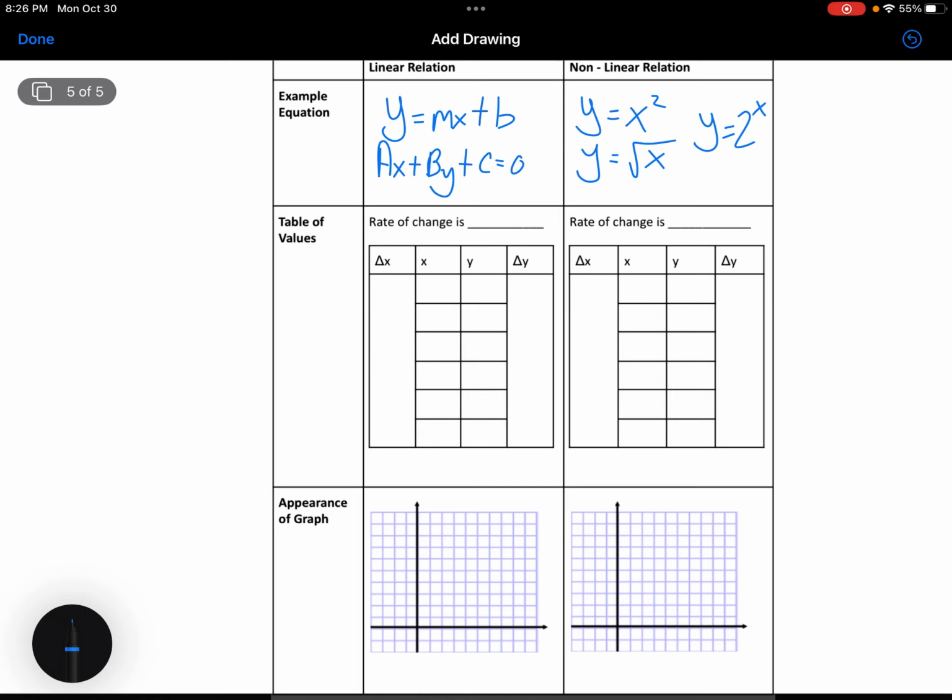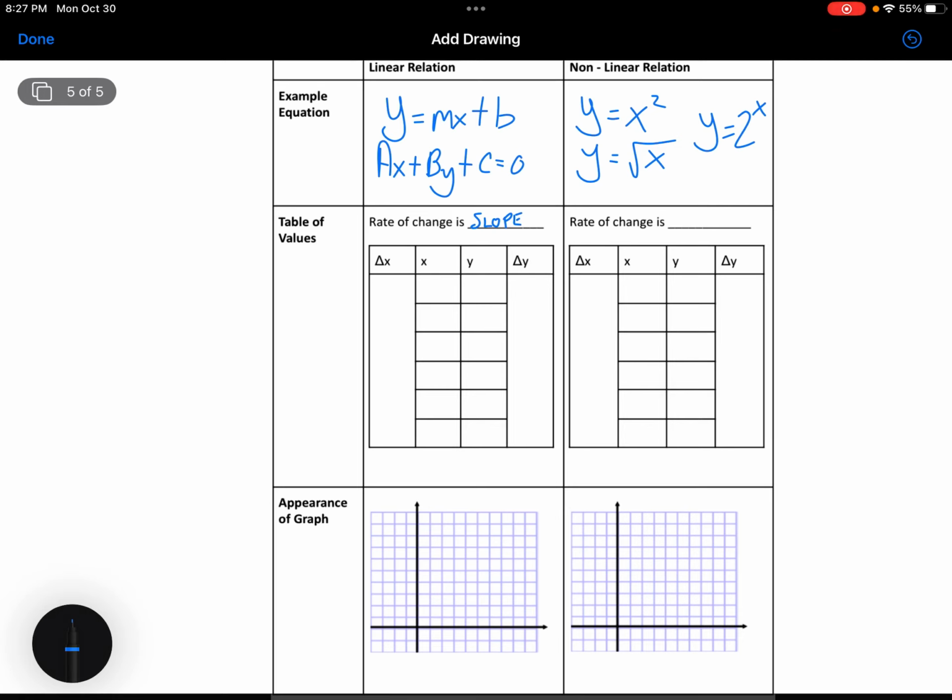Okay, so when we're looking at a table of values here, our rate of change is our slope for a linear function. And for a nonlinear function, we don't really have a rate of change that we can deal with. Okay, it's not going to help us figure things out in this sense that it's not the same as the slope. So it helps us find our a value or our differences, but it's not the exact same.